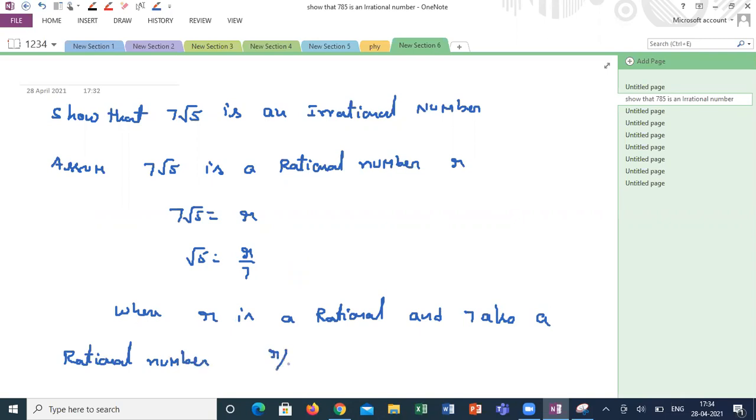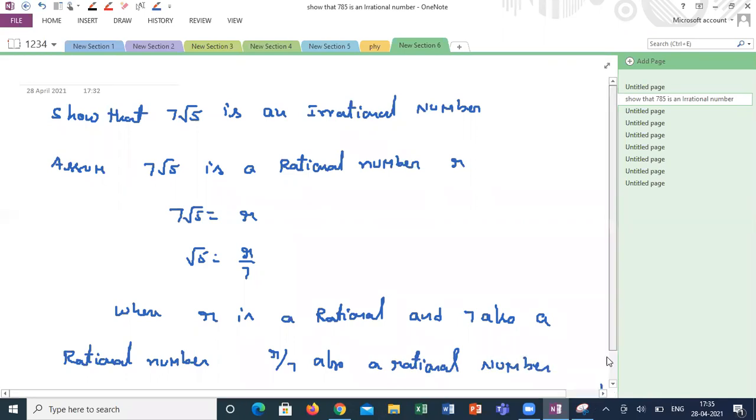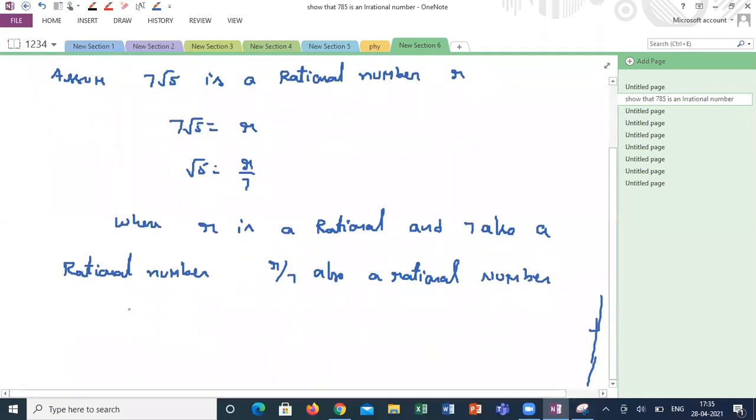A rational number divided by another rational number is also a rational number. That means, from above, root 5 is equal to R by 7, so root 5 is also a rational number.